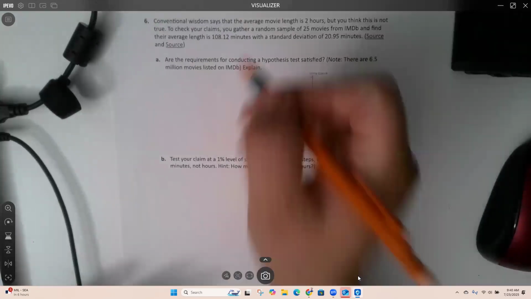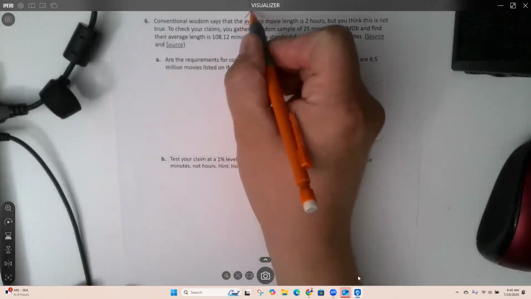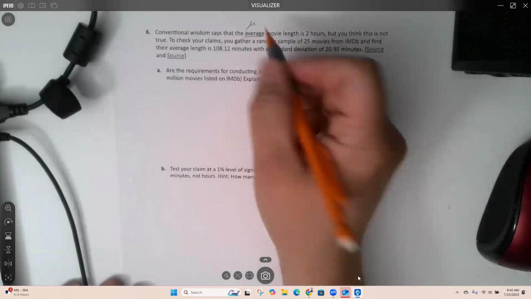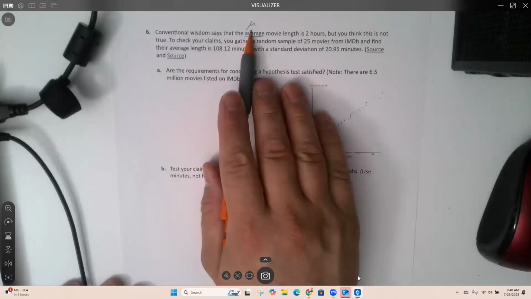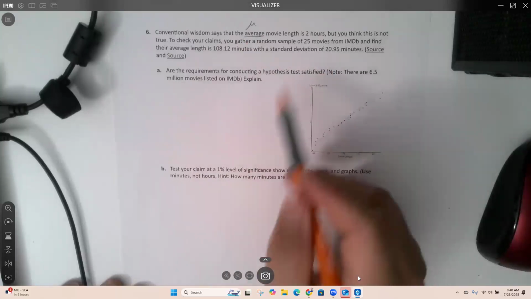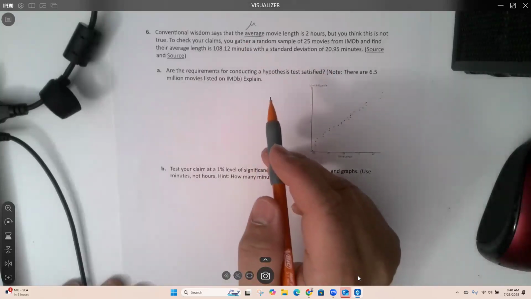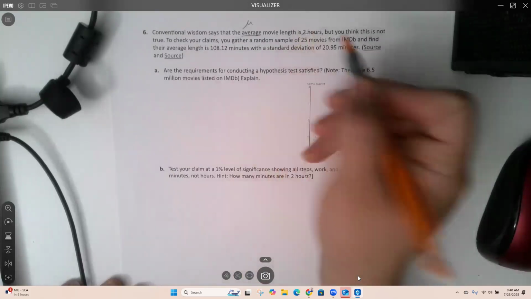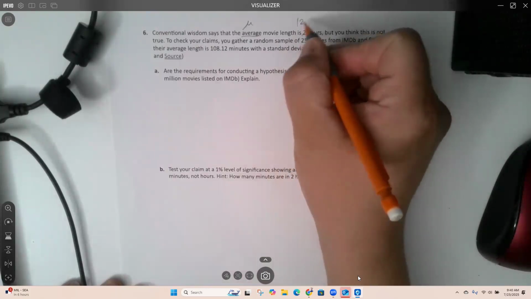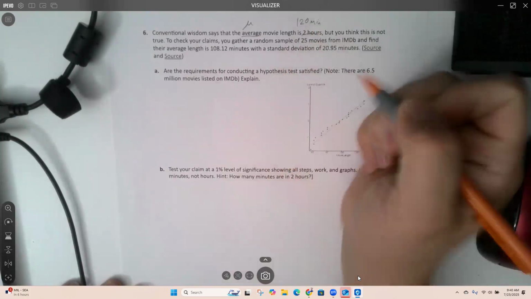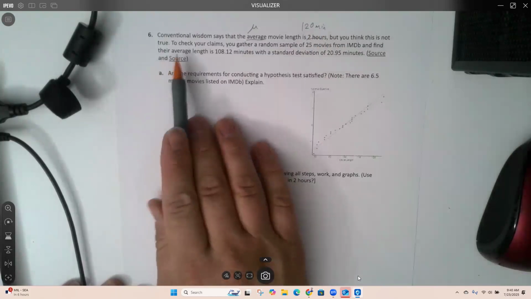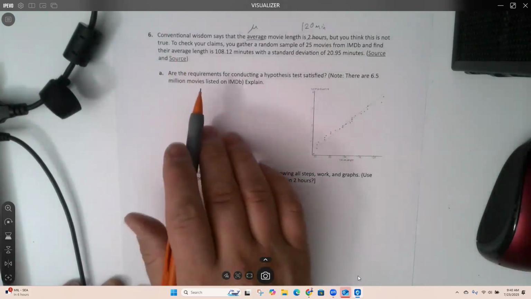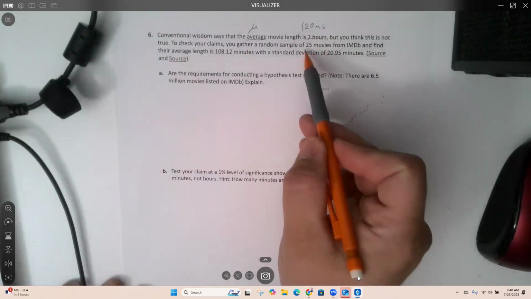Conventional wisdom says that the average movie length is 2 hours. The average means we're looking at mu, a population mean. So 2 hours is 120 minutes. You guys know that. I think it's not true. To check the claim, we take a random sample of 25 movies.